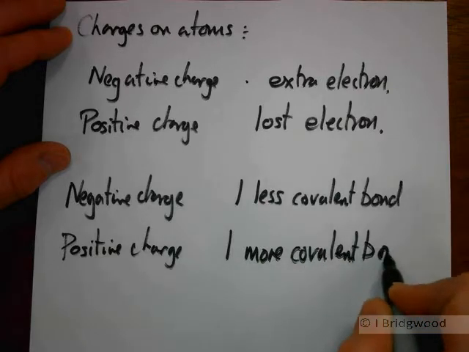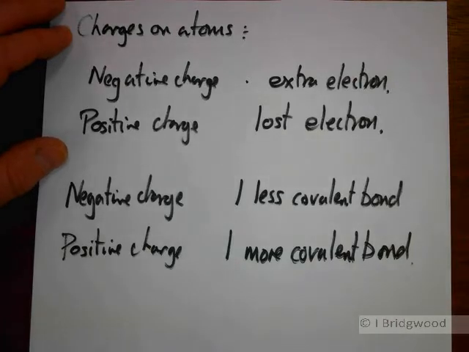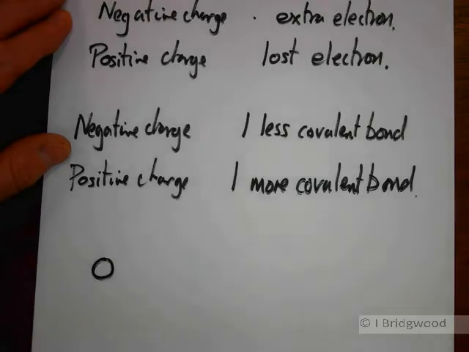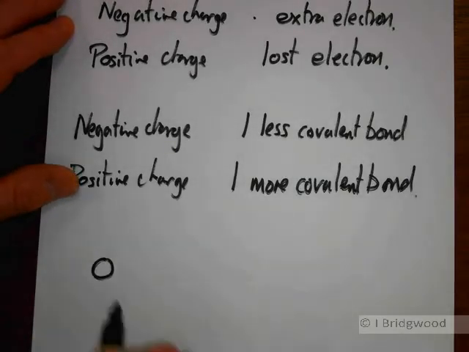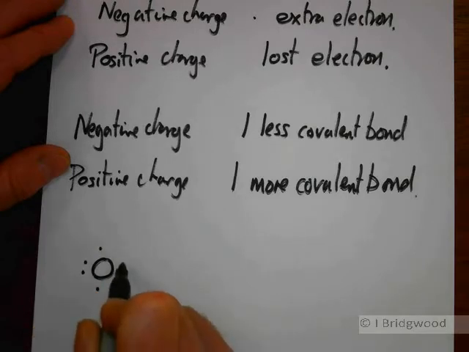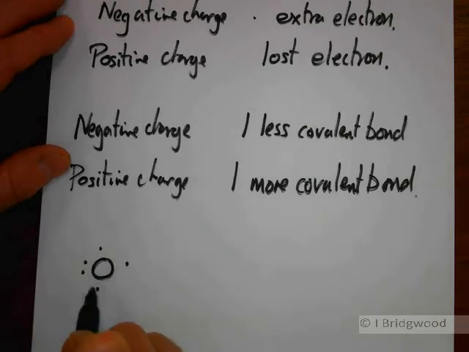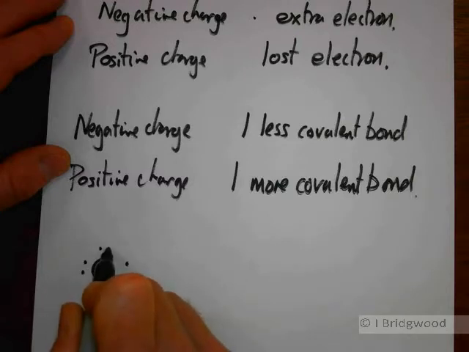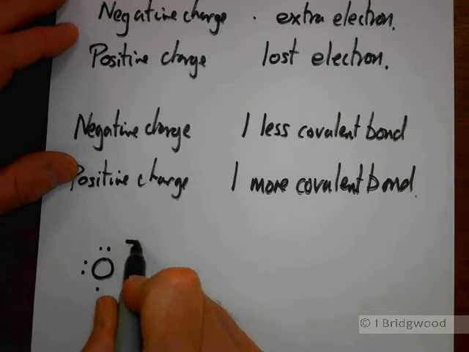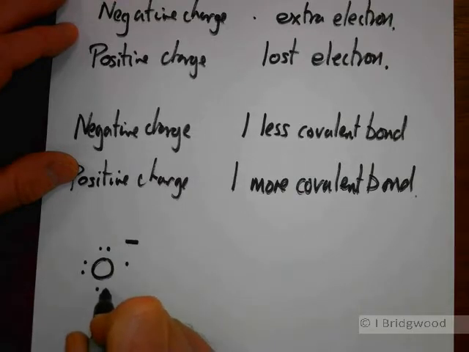Let's take a couple of examples. If we take, for example, oxygen. Now oxygen, as we know, has 6 electrons in its outermost shell. So we've got 1, 2, 3, 4, 5, and let's add an extra electron there. Now if we have a negative charge there, we're going to add essentially an extra electron there.